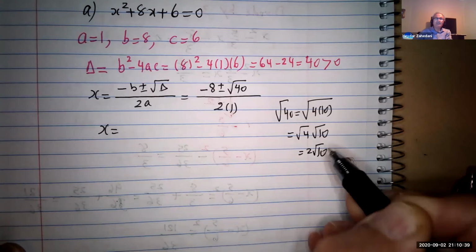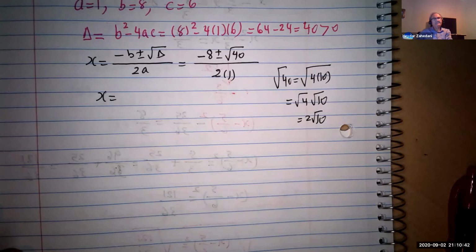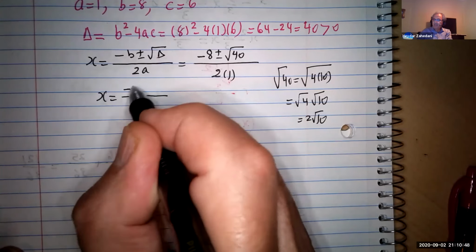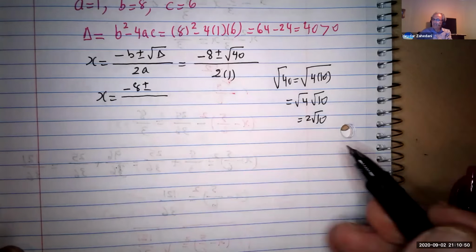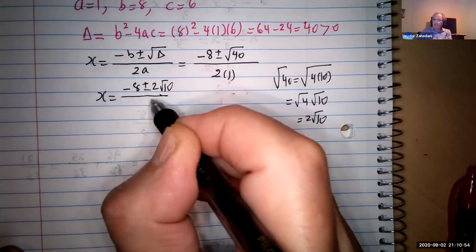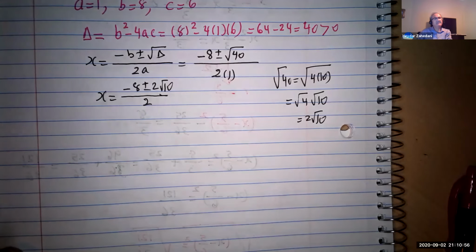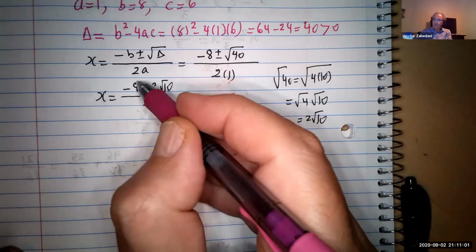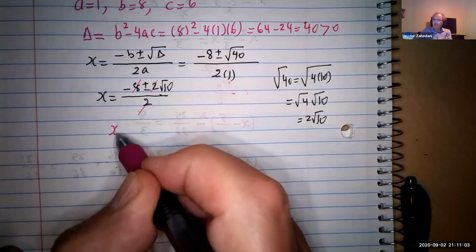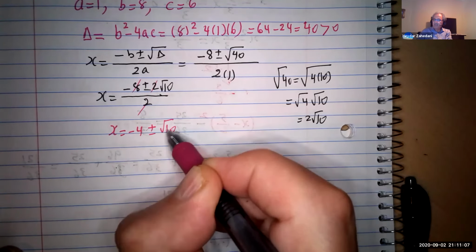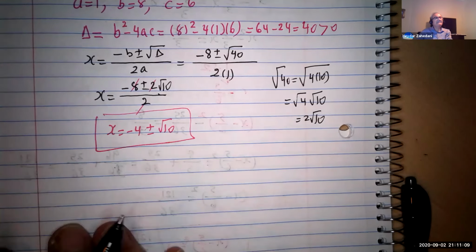This is the way we do it in algebra. So this would be now negative 8 plus or minus 2 radical 10 divided by 2. Now that gives you the chance to simplify it. If you simplify by 2, x would be negative 4 plus or minus radical 10, the final answer.